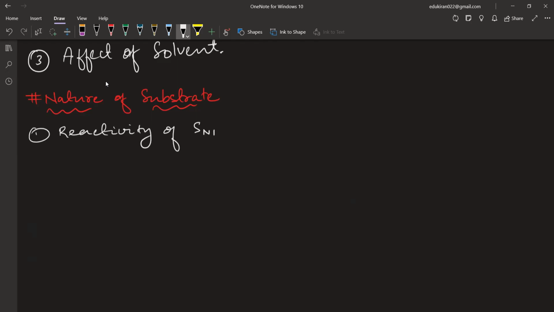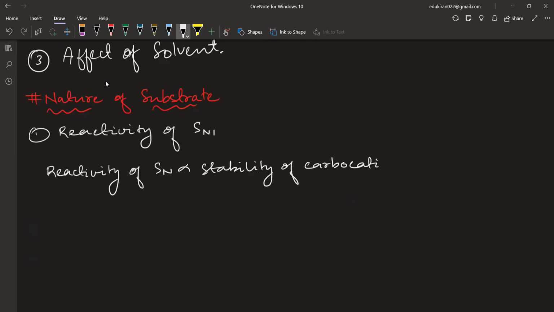Please write: reactivity of SN1 is directly proportional to the stability of carbocation.